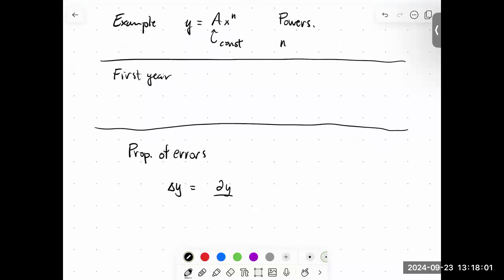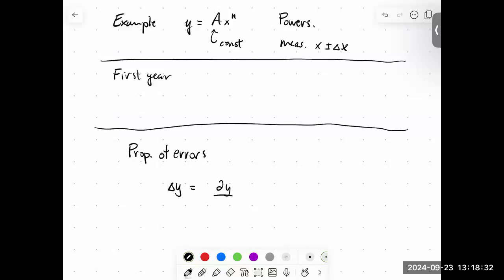So we measure x plus or minus delta x, and we're going to assume that a and n are constants that are known, so we know their values. Okay, so this might be like x squared or something, and the a might be 1/2. So for example, it could be the displacement when you have constant acceleration and you start from rest.